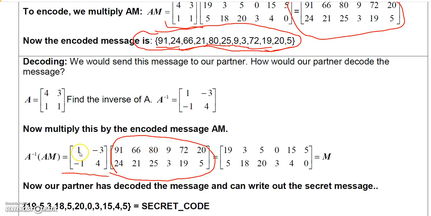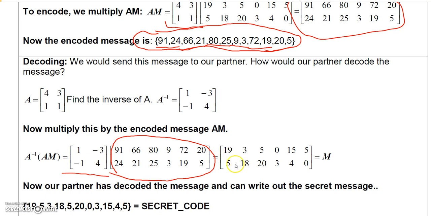Notice, you can check this. I'll just check it for a couple of them. If I take this row with this column, I'll get 91 minus 72, which is 19. If I take the second row times this column, I'll get minus 91 plus 96, which gives me 5. If I take the first row with the second column, I'll get 66 minus 63, which is 3. And if I take the second row with the second column, I'll get minus 66 plus 84, which is 18, and so forth.